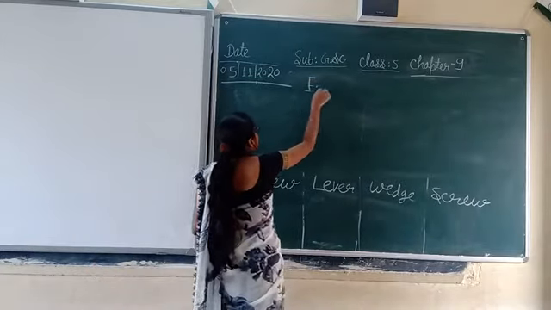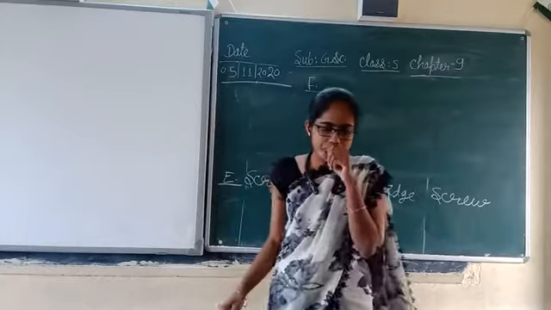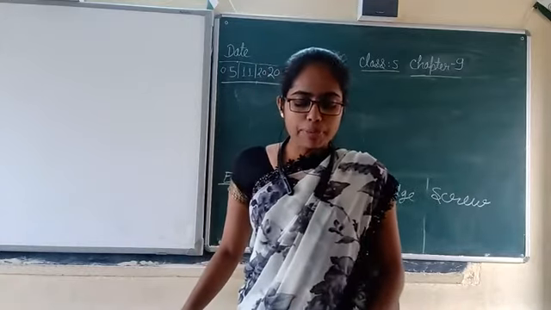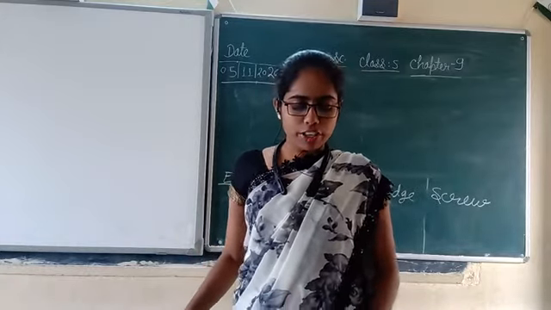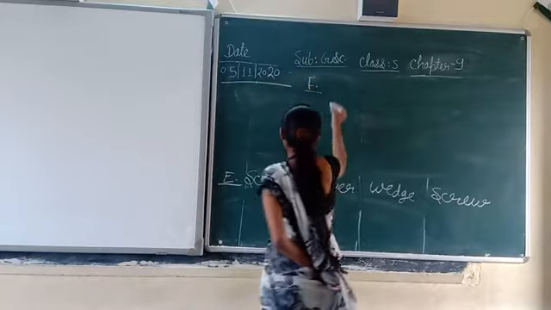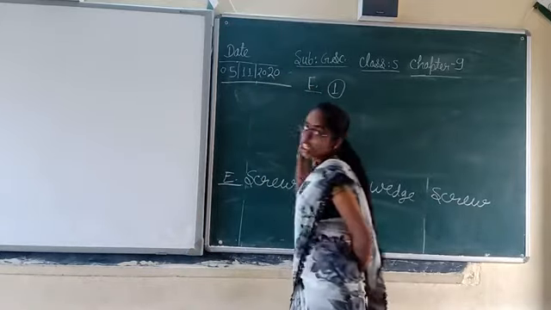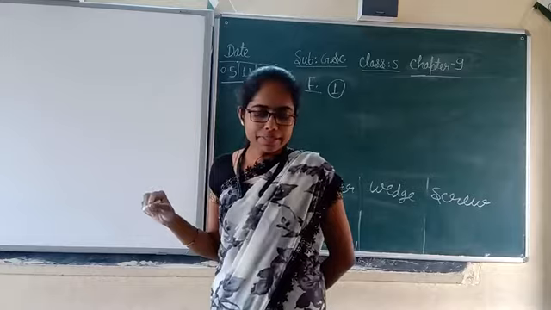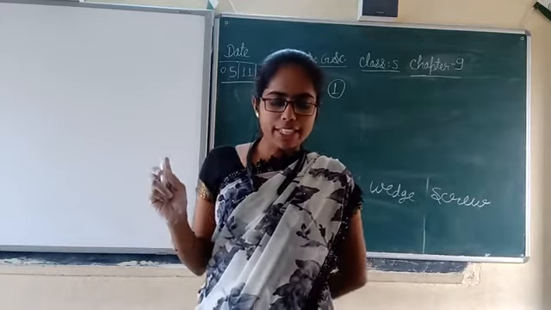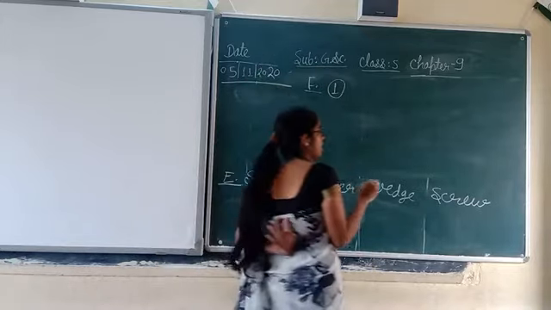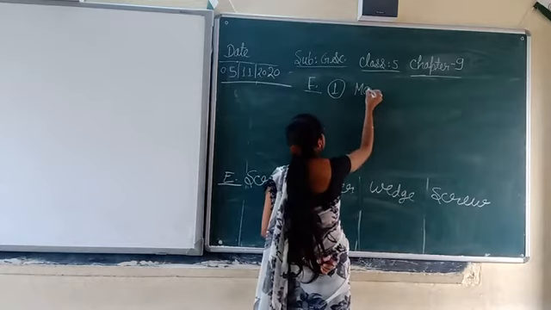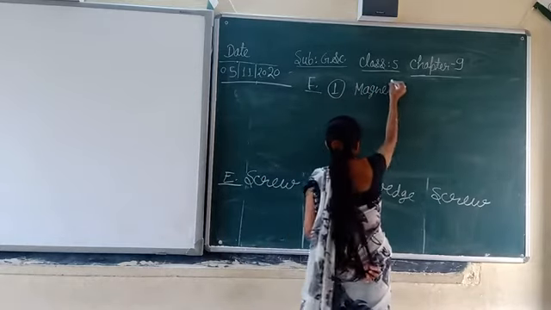Now, exercise F. Which type of force is used to do the following? First one, to separate a mixture of iron and sawdust. So, what is used to separate that? Magnetic force.